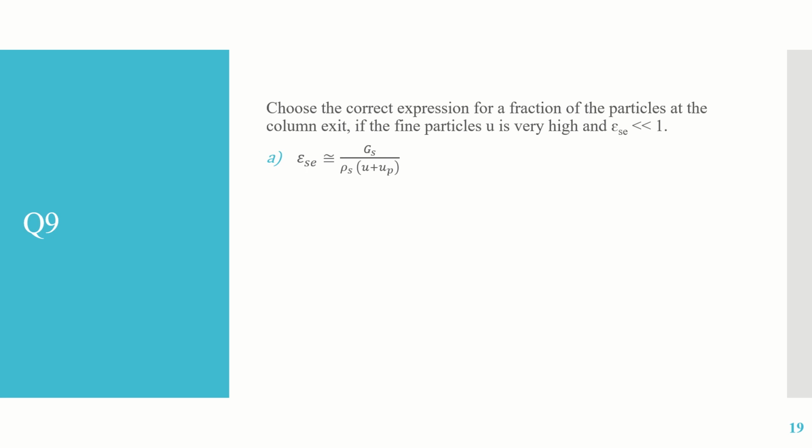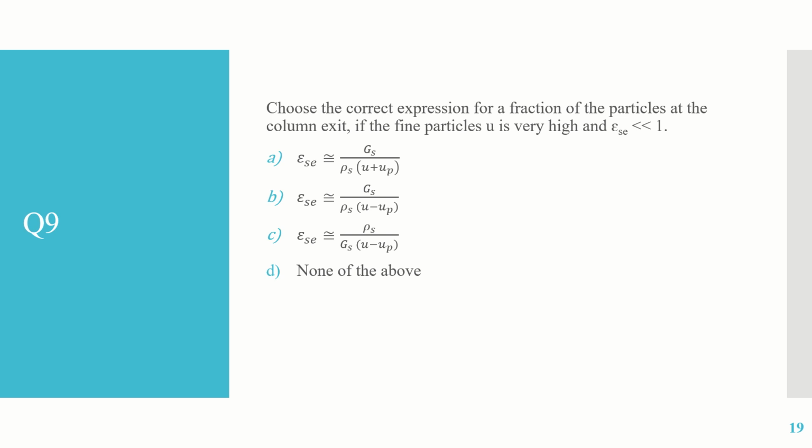Option A: epsilon SE is approximately equal to GS by rho S into U plus UP. Option B: GS by rho S into U minus UP. Option C: rho S by GS into U minus UP. Option D: none of the above.